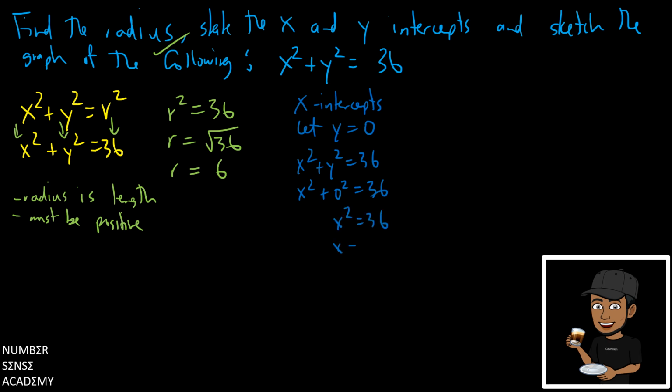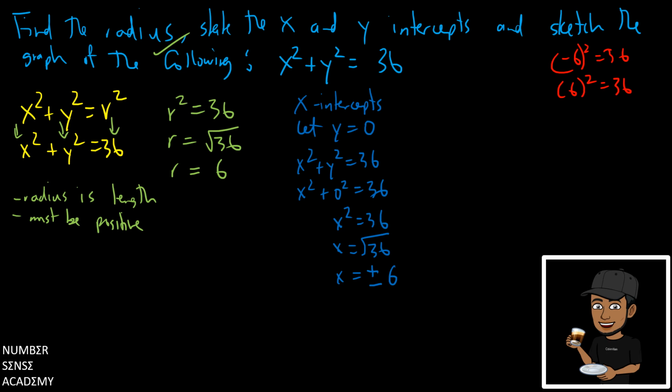And x is equal to the square root of 36, and x is equal to plus or minus 6. So I have these two values, right? And this should make sense because negative 6 squared, if you plug it into your calculator, is 36, and 6 squared is also 36. So these are two roots.